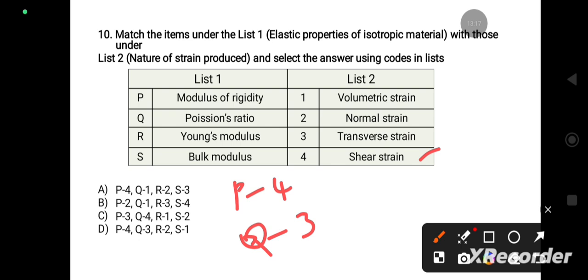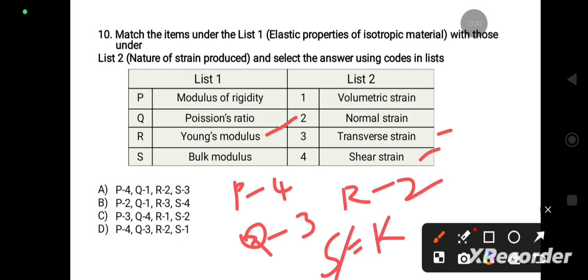Young's modulus is normal stress to normal strain, so R is 2. Bulk modulus is volumetric stress to volumetric strain, denoted by K, so S is 1. So 4 3 2 1, option D.